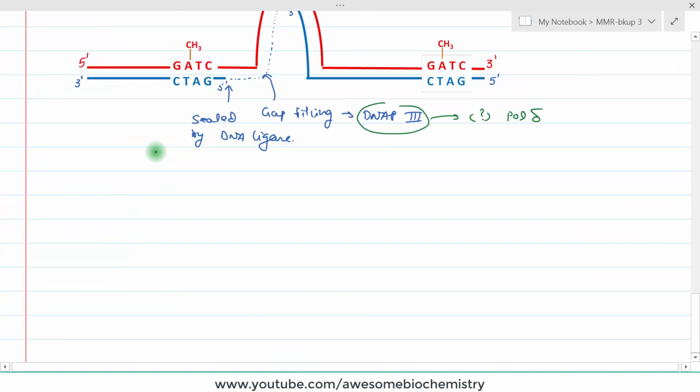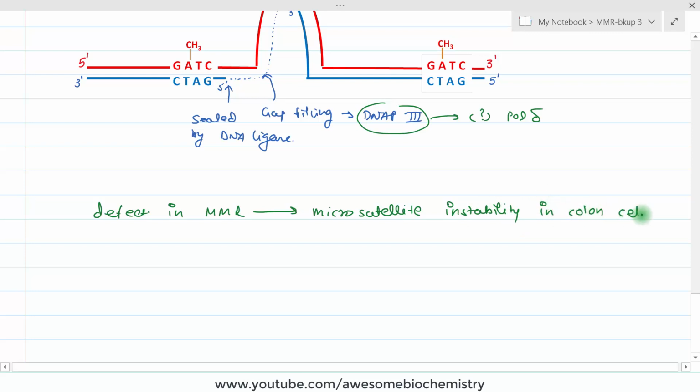Now, in the human, suppose replication errors go unrepaired, then what will happen? A defect in the mismatch repair mechanism gives rise to microsatellite instability in colon cells.